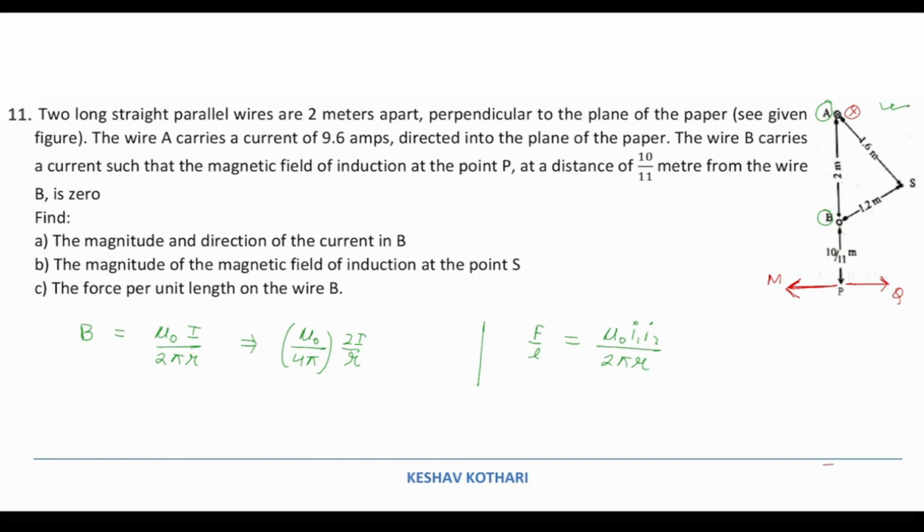So let us begin the calculation of the magnetic field at P. The first thing we do is calculate the magnetic field due to A. Due to A, we write it as mu naught upon 4 pi twice the current in A upon the distance AP.